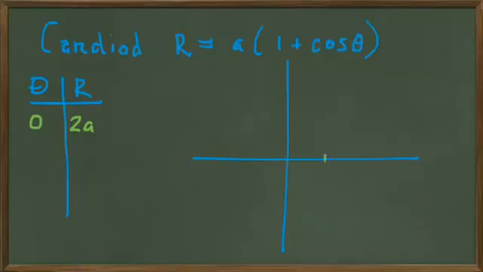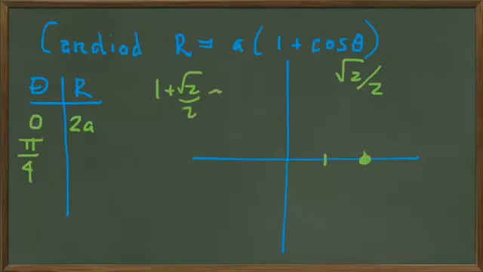And so if we plot that point, let's assume that distance is a, so there's the point at the angle 0. Then if we plug in the angle pi over 4, the cosine of pi over 4 is square root of 2 over 2, so we have a multiplied by 1 plus square root of 2 over 2, which is approximately 1.7.